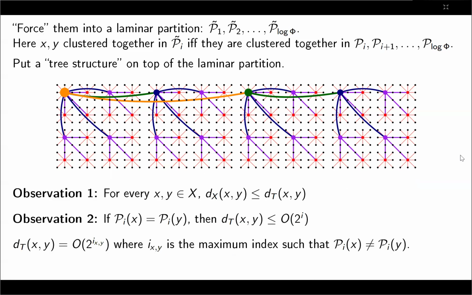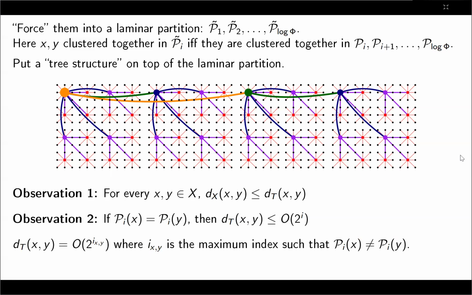Yeah, so in particular, suppose that for X and Y, let me define this index i(X,Y) to be the maximum index such that they are not together. So in particular, this means that they were clustered together in i-1 and they will cluster together in i+1, and at i they belong to different clusters.